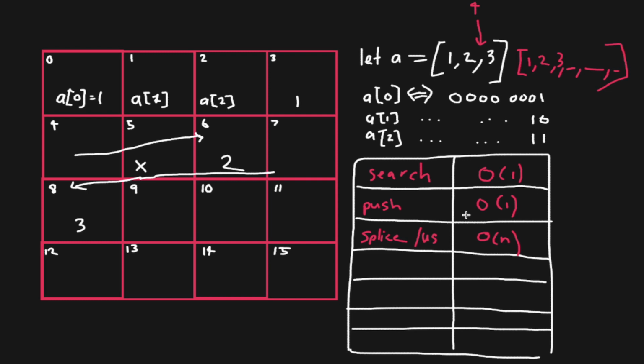The shift method, so shifting, that's basically where we remove the first element. So if we want to remove that, what will that be? I'm just going to put S here as well.